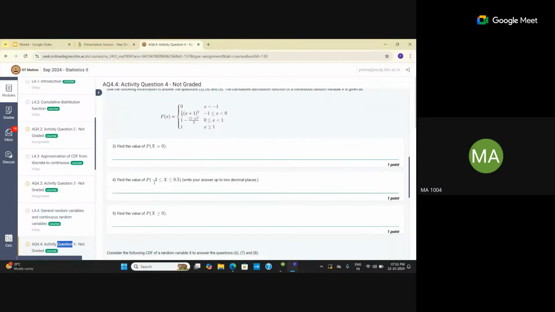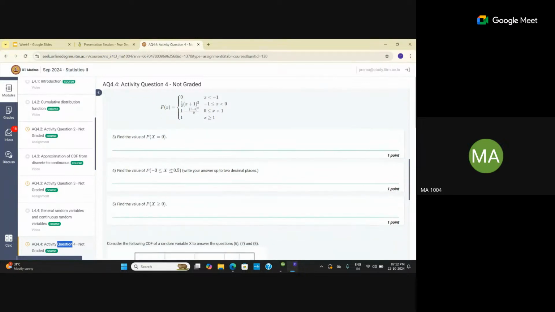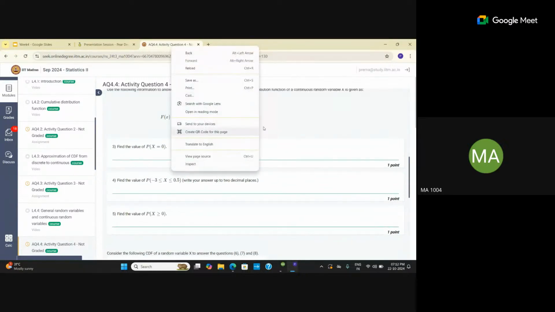You have to find it for x greater than or equal to -3 and less than or equal to 0.5. Here, when x is between -1 and 0, it is defined by this. Or you can simply use the formula here, you don't need to do it this way.